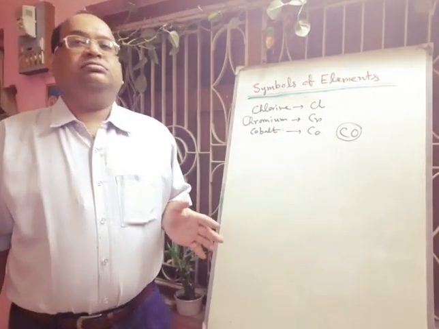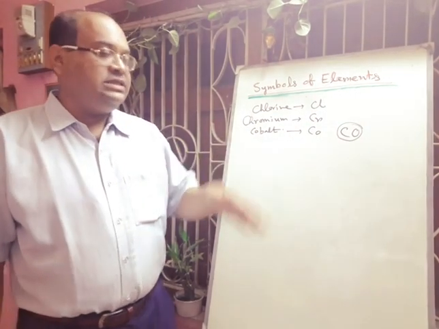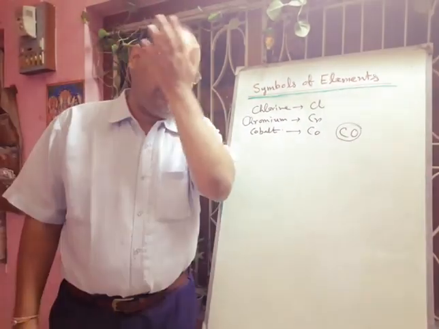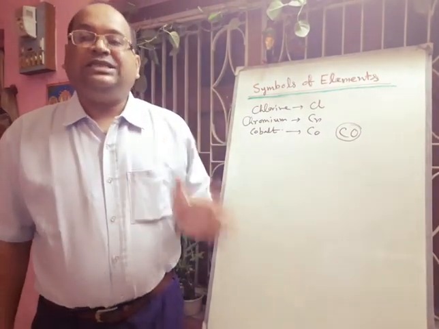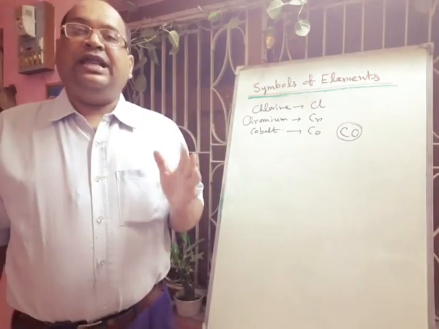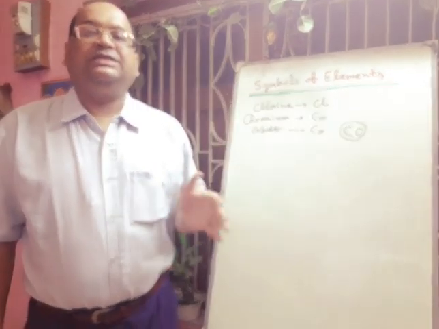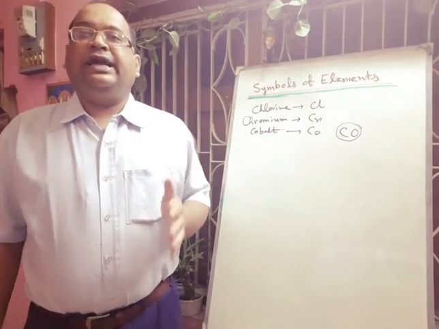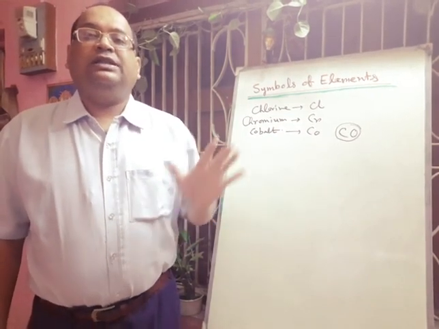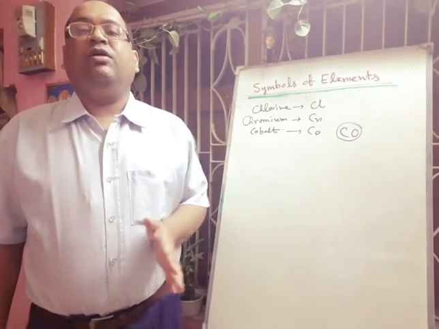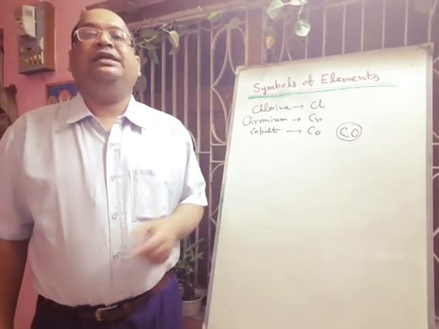So now to remember these symbols, you know that 118 elements are there. So I suggest you purchase one new modern periodic table from any paper shop or exercise book shop. There you will get all the full names and the symbols of those 118 elements.